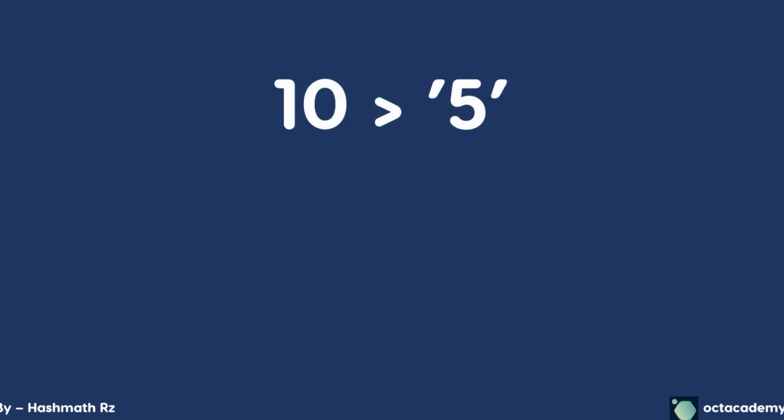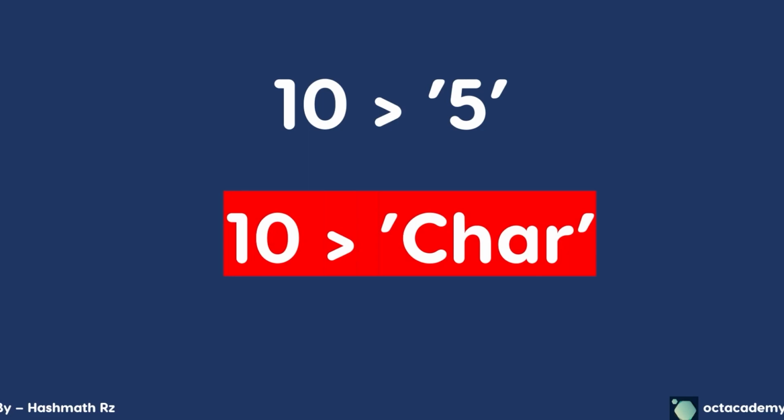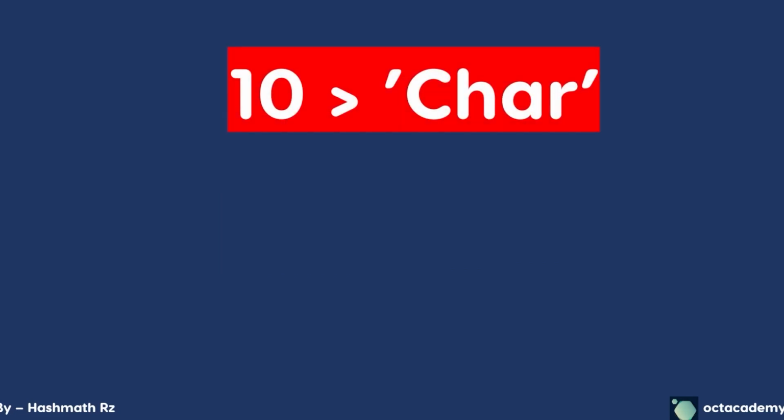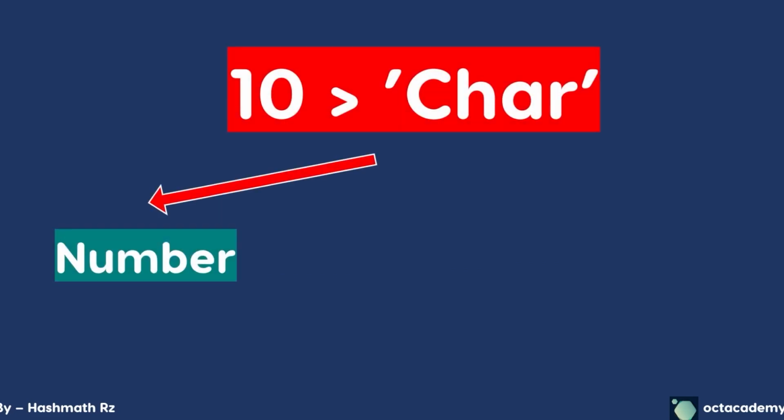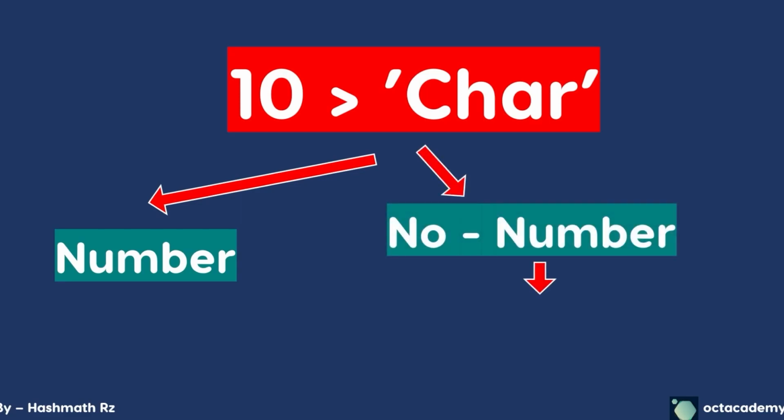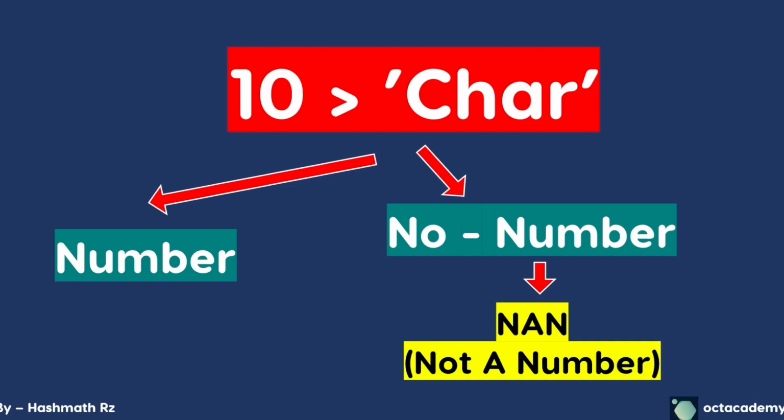When attempting to convert a string with non-numeric characters to a number, JavaScript will first check whether this converting string value has a valid numeric value. If the string value is a numeric value, this will convert that to a number data type. If the string value is a non-numeric value, then JavaScript will skip this number type conversion and return a special value called NaN, which stands for not a number.